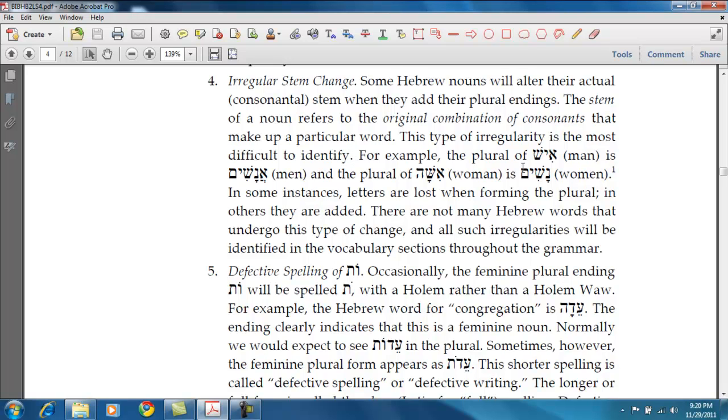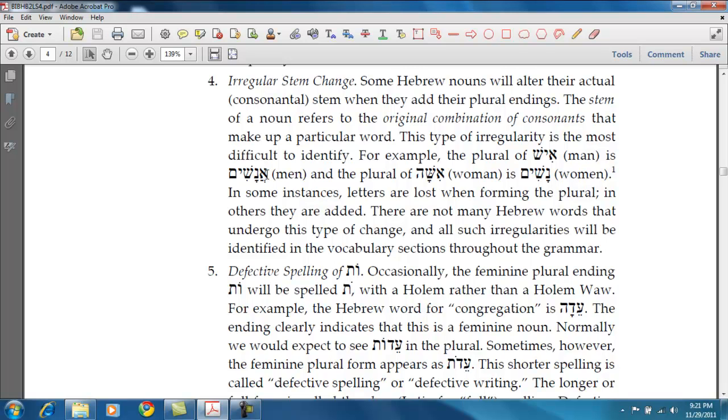The plural of ish, man, singular, is anashim for men. And the plural for isha, woman, is nashim. So the only real difference between man and woman is the aleph.